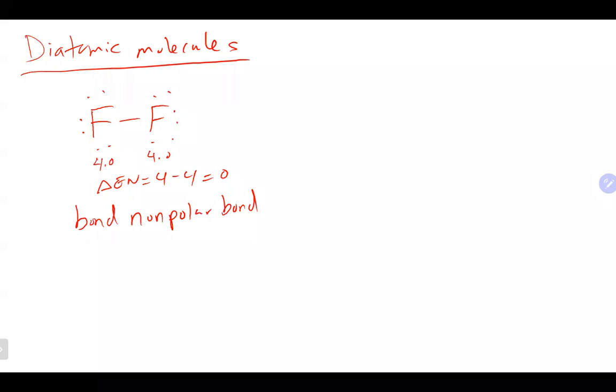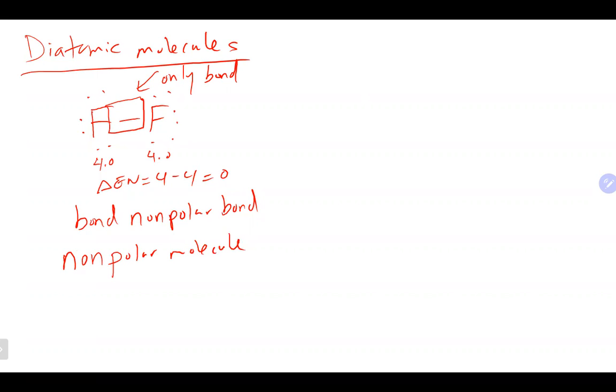This bond is the only bond in this entire molecule, and because that bond happens to be non-polar, we would also expect that this molecule would be a non-polar molecule.